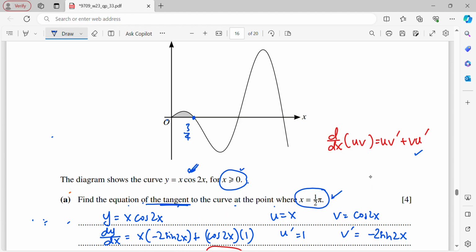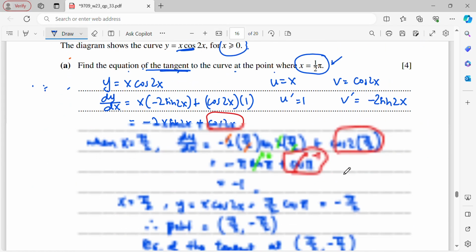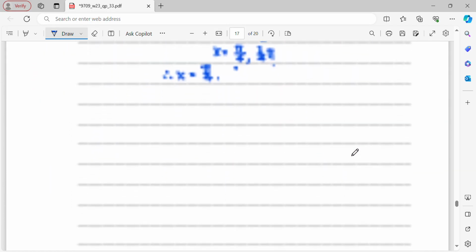This is 3 over 4 pi, this is pi over 4. So now I have to integrate from 0 to 1 over 4 pi for this graph. The region is above the x-axis, so you can directly integrate. Now I will write my area.